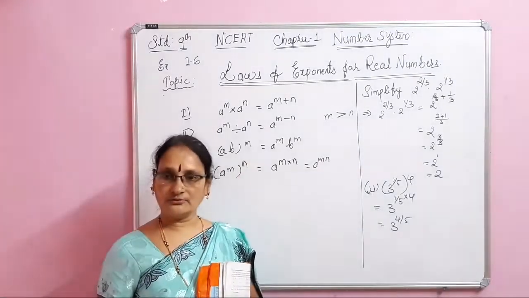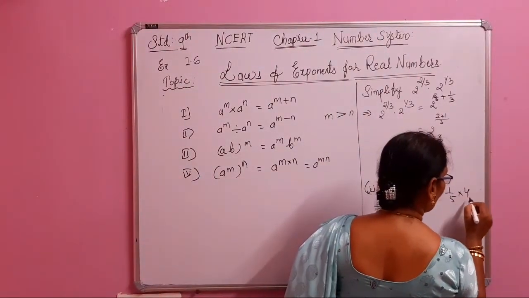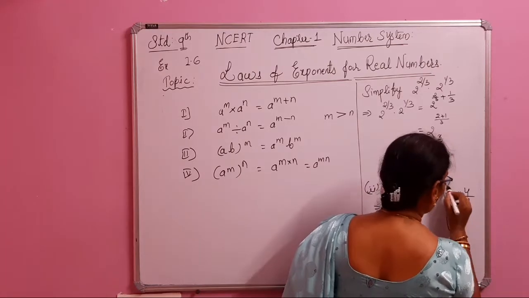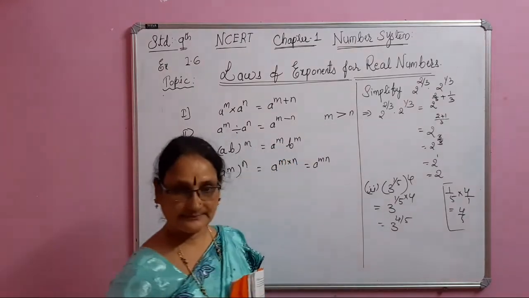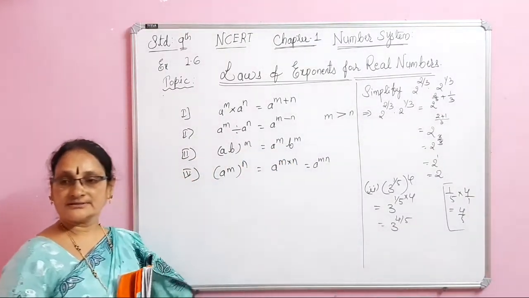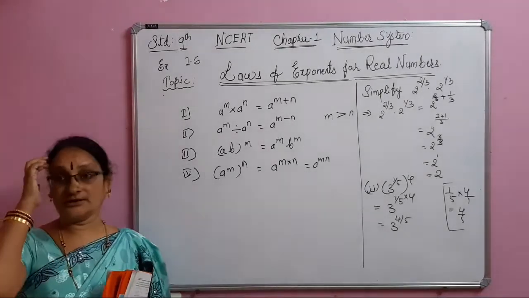If you don't know, you can multiply 1 by 5 into 4 in the working column and see, it is 4 by 5. So this is 3 to the power 4 by 5. Like this we can apply the laws of exponents for real numbers.